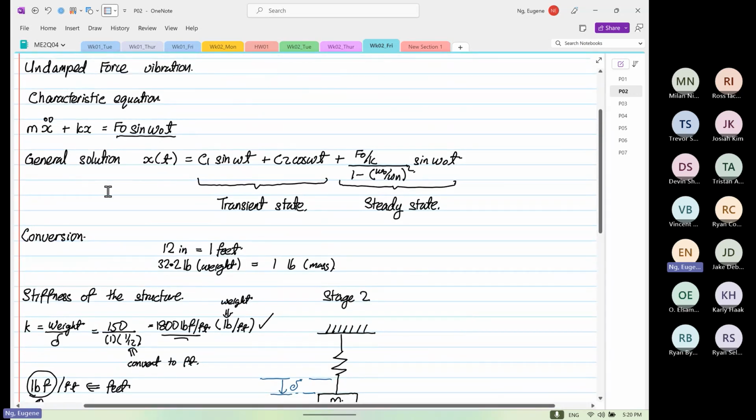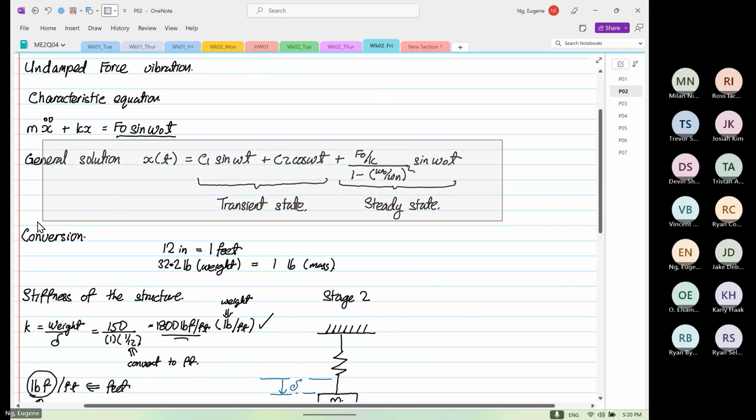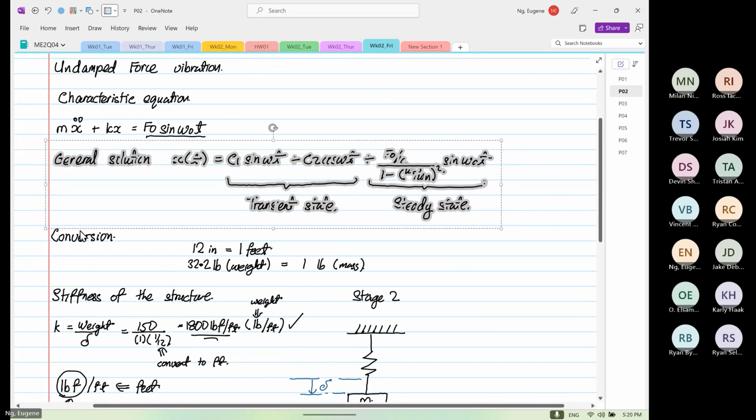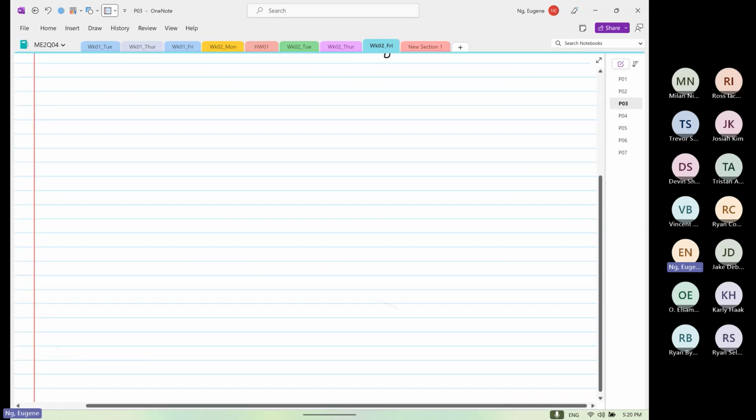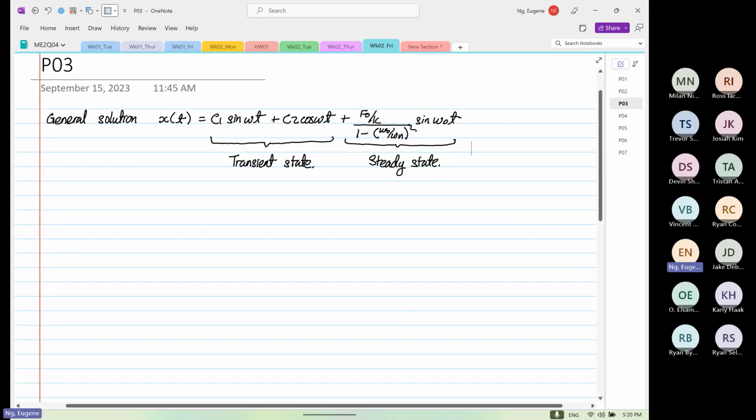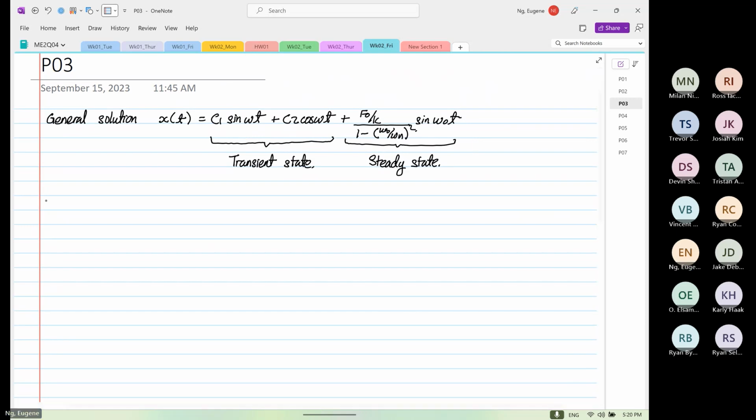Copy this whole thing. So now we are going to focus on steady state condition.